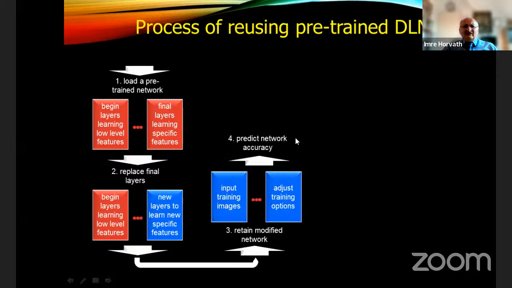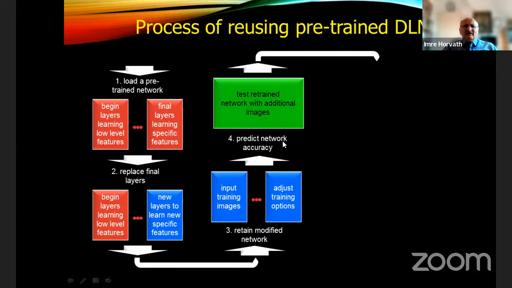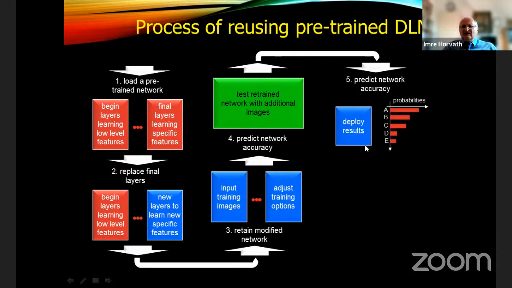Then predict the network accuracy. And then test the retrained network with additional images, predict the final accuracy of the network and see the various probabilities after deploying the results, and further improve the network performance whenever it is needed.